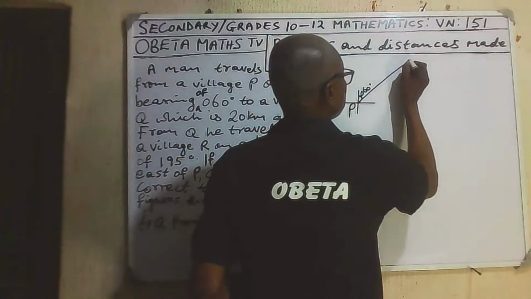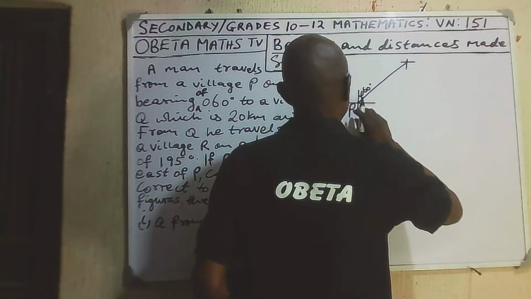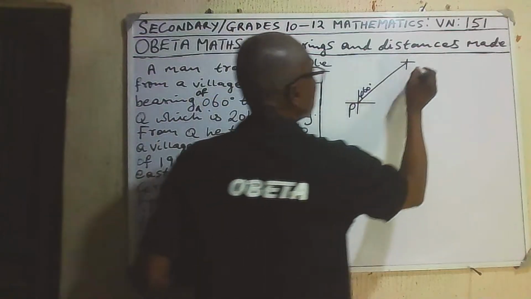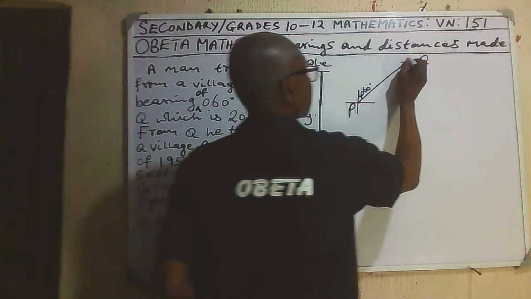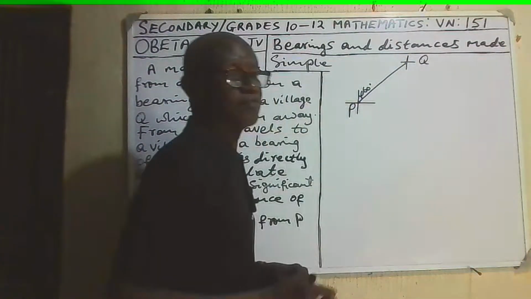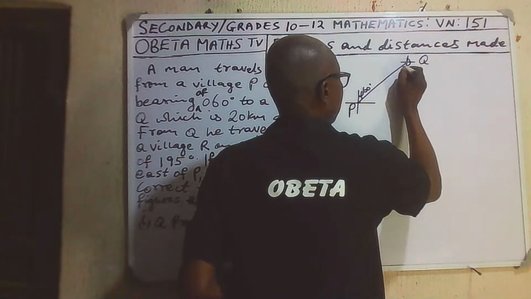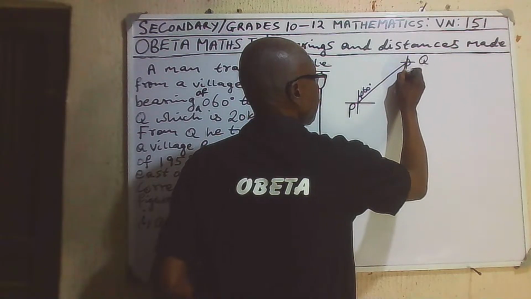Assuming that at this point he stopped, this is our P, this is our Q. But at Q, the man started traveling at 195 degrees. So this is 180, and 195 will be within this. So let's take this to be 195.